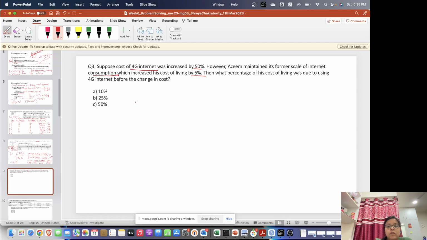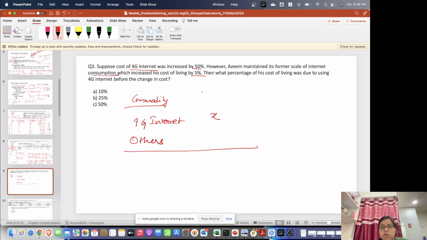So if we have our basket like this: 4G internet, and others. Let X be the consumption.